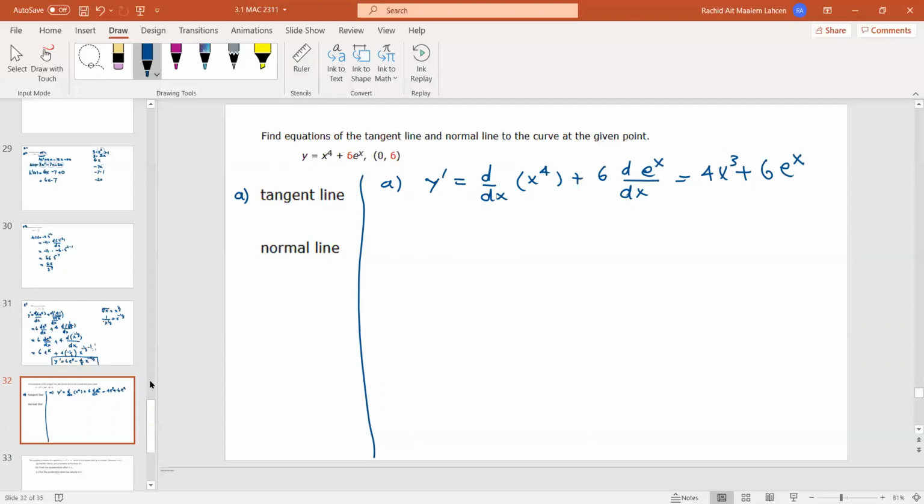We are interested at x equals 0, so y prime at 0: 4 times 0 to the 3rd plus 6 times 0, which is 4 times 0, plus 6, which is 6.